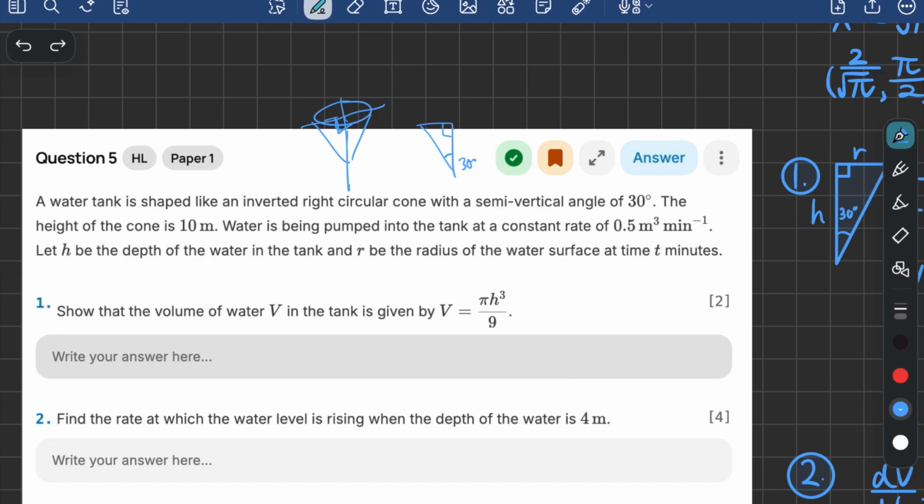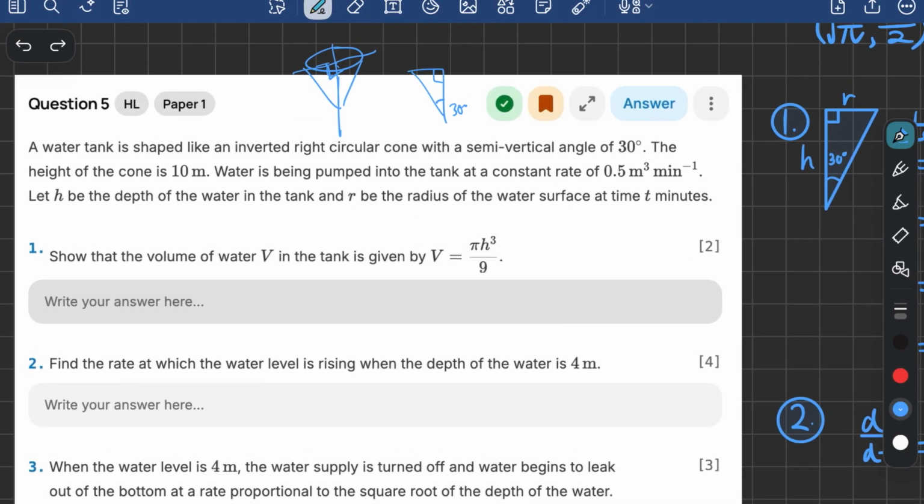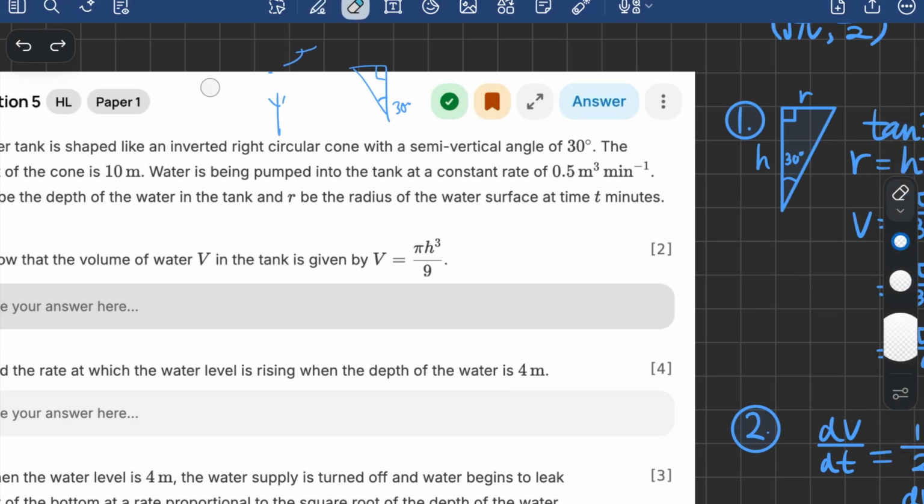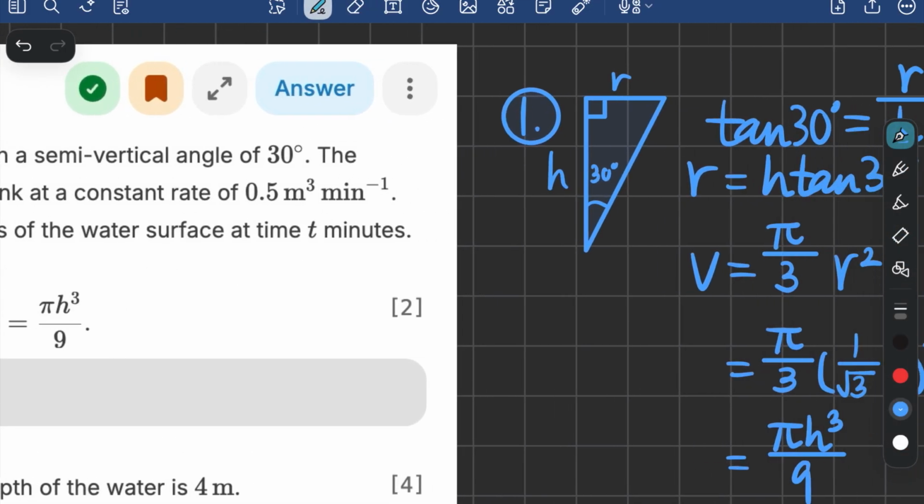h is the depth of the water and r is the radius at t minutes. First, it wants us to show that the volume of the tank can be given by this formula. Here we don't have r in there, so we need to find a relationship between r and h and substitute r with something related to h. r and h are related by this angle of 30 degrees.